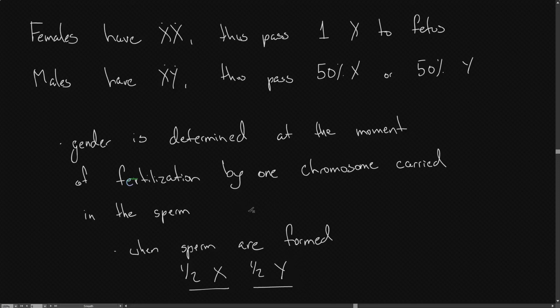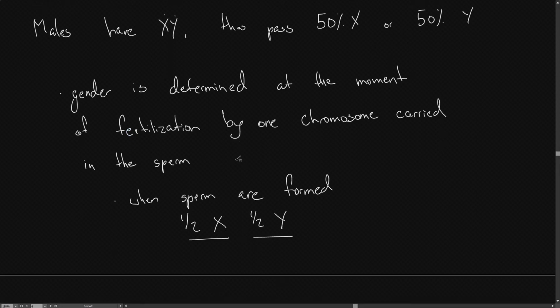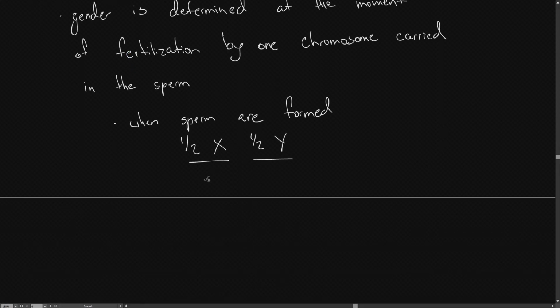So when the egg, which will have this one X chromosome from the mother, is fertilized by a sperm from the father, if the egg is fertilized by an X sperm, this will be a daughter. And if it's fertilized by a Y sperm, this will be a son.